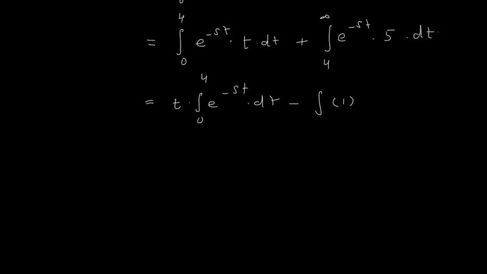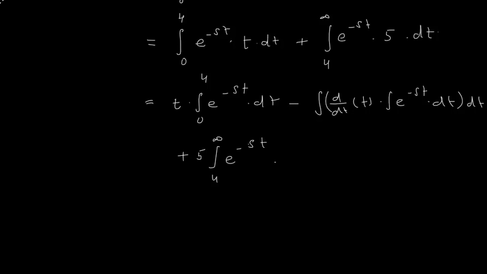In short I am writing derivative of t is 1, or else if you want you can write it completely, that is d by dt of t into integration of e raised to minus st dt, this whole thing dt. And then I have plus 4 to infinity e raised to minus st into 5, so that 5 is constant, so let us take that 5 common, so integration of e raised to minus st dt.